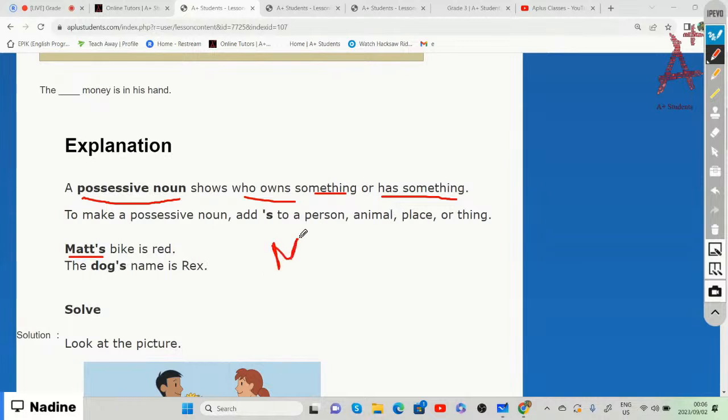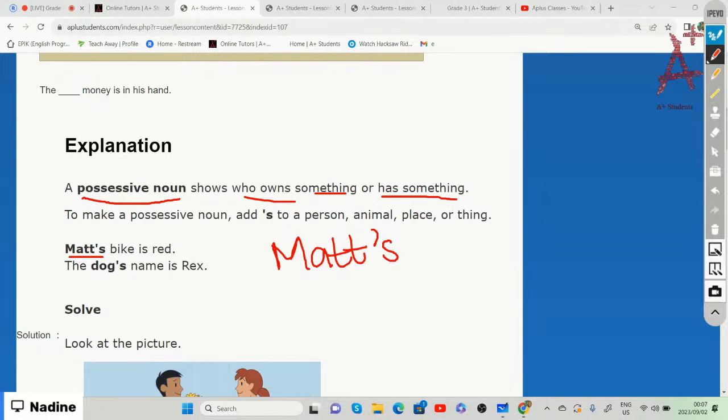So if his name is Matt, and we want to say that Matt owns something, we say Matt's, apostrophe S, which shows that Matt owns something, which is the bike. So we can say Matt's bike is red.